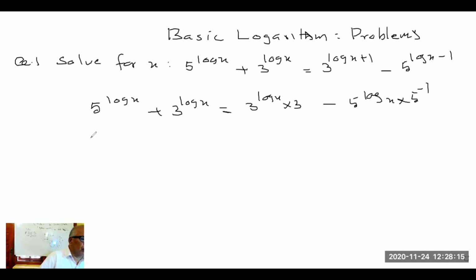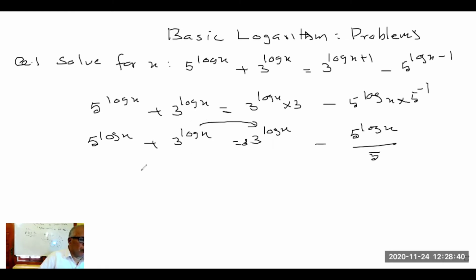That is 5 raised to log x plus 3 raised to log x is equal to 3 into 3 raised to log x minus 5 raised to log x by 5. So 5 raised to log x plus 5 raised to log x by 5 is equal to 2 into 3 raised to log x.